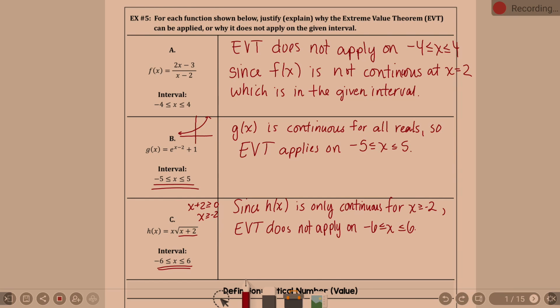Okay. At the bottom, let's give you a brief moment to finish writing that. At the bottom of this page, before we turn to the next page, there's a definition of critical number or critical value.